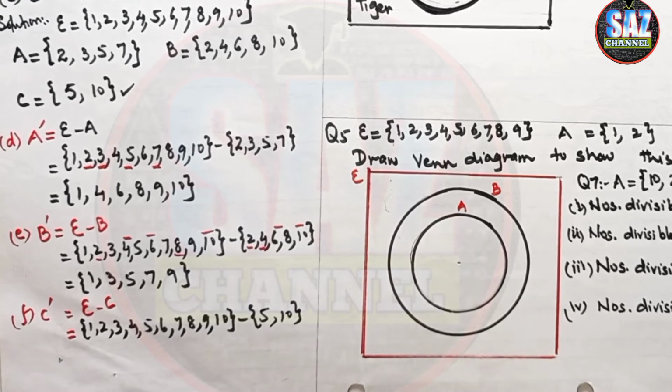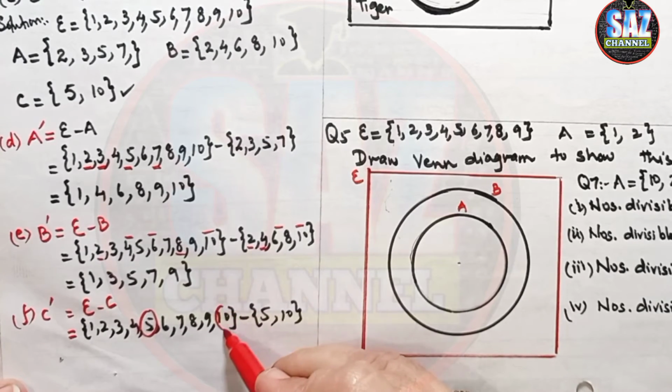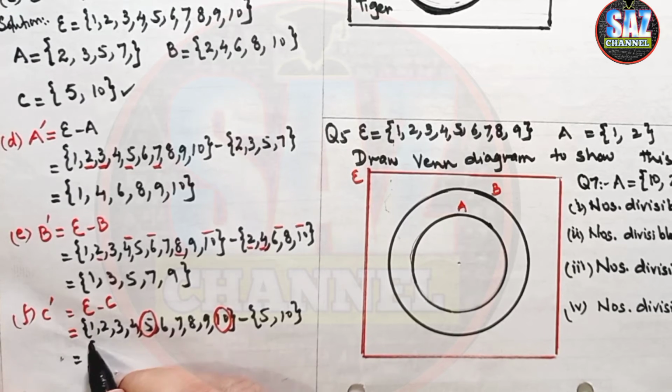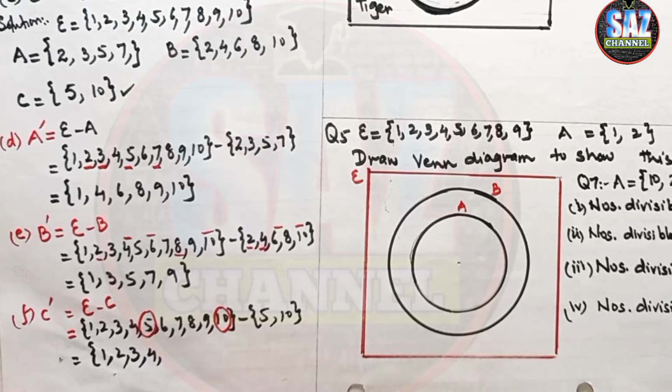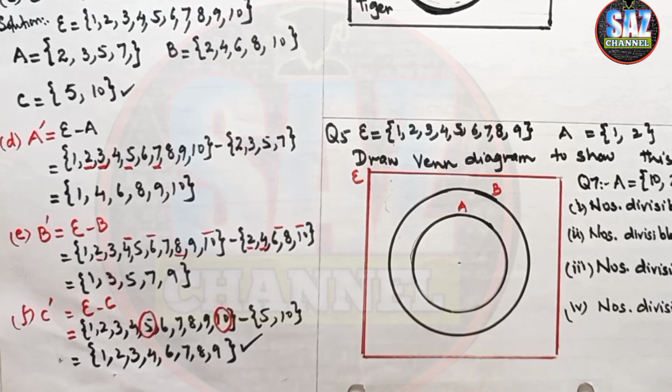Now I have to discard the common elements, that is 5 and 10. I'm not going to write them, and my complement will consist of the remaining elements of universal: 1, 2, 3, 4, then I have to leave 5, 6, 7, 8 and 9, and then I have to leave 10. I hope you are clear about this question. And let's move to the next question.